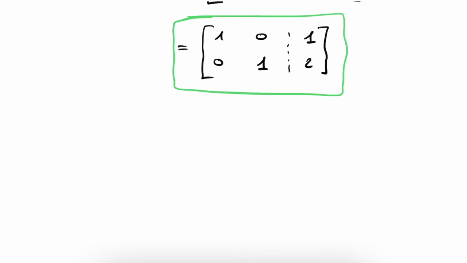And what we need to do now is to translate this matrix back to the original equations. So this is the last step. So let's just copy the matrix. So 1, 0, and then this dotted line, 1, 0, 1, and 2. And now we want to rewrite this matrix as a set of equations.